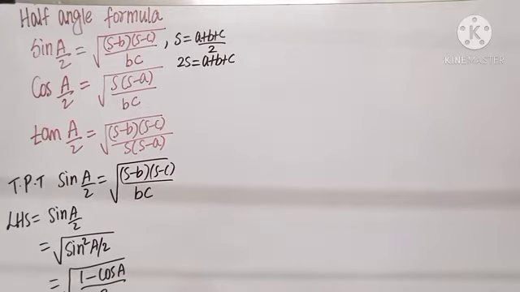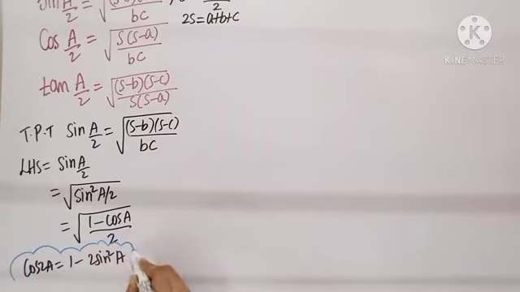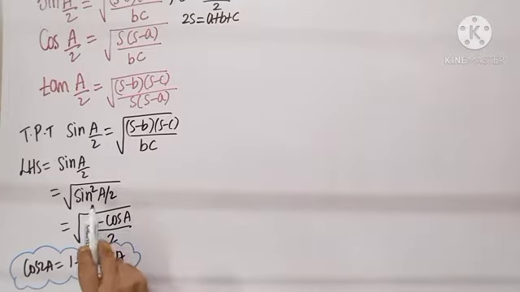Cos 2A equals 1 minus 2 sine square A. Using cos 2A, that is 1 minus 2 sine square A, I can write 2 sine square A is 1 minus cos 2A, or sine square A is 1 minus cos 2A by 2. In this question, A by 2 is coming. So, I will put 1 minus cos A by 2.